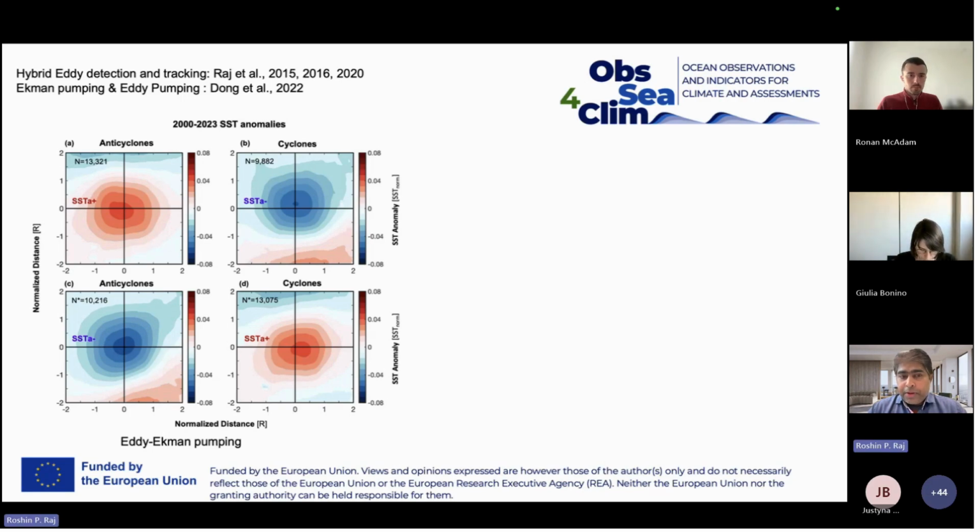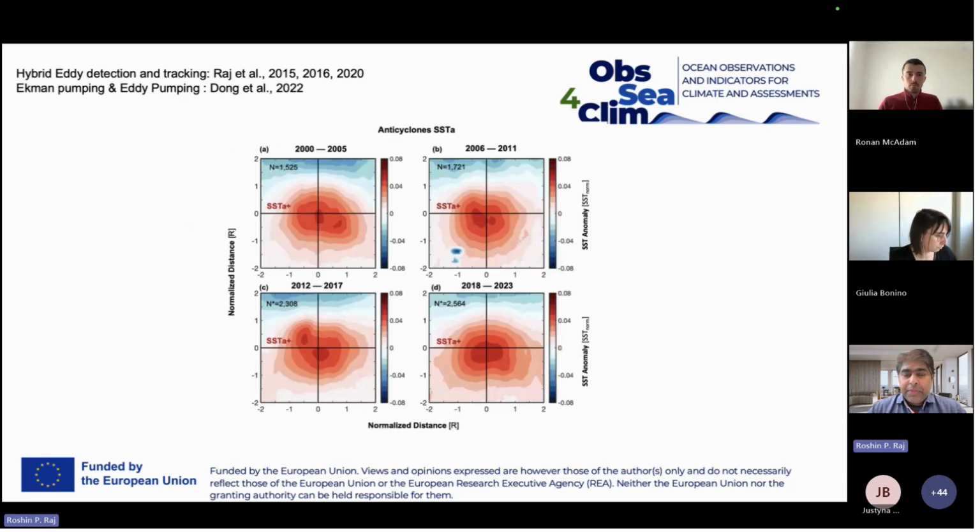So we need to consider both the cyclones and anticyclones to study the impact of eddies on the marine heat waves. This is a simple example of choosing only the warm core anticyclonic eddies, and these are the changes in the sea surface temperature of the anticyclonic eddies.